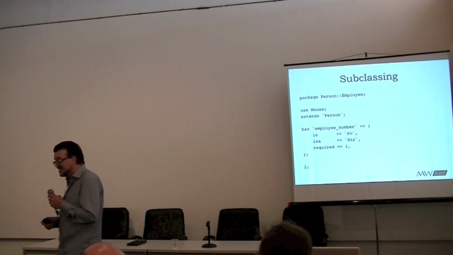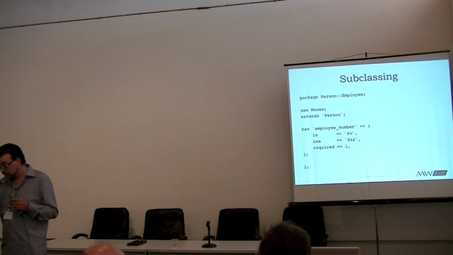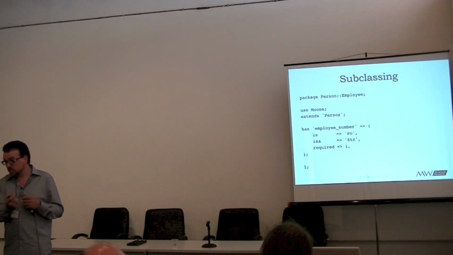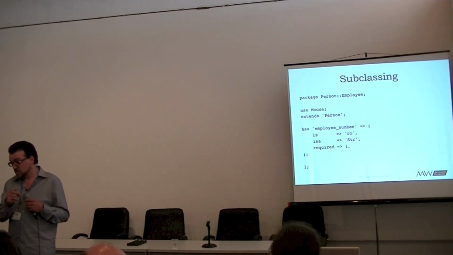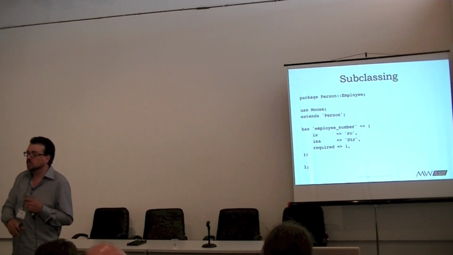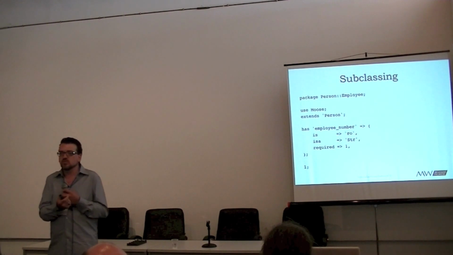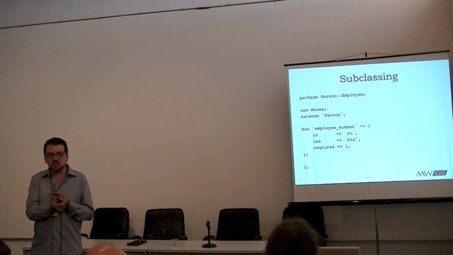Anyone use the same method modifiers as with Test::Class? Oh, you mean the attributes? Like colon Test? No, that does not exist. He asked, do you use the same method attributes? Are they available, the same ones that you have in Test::Class?